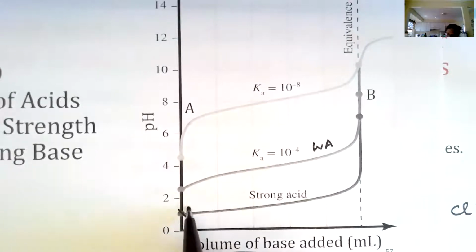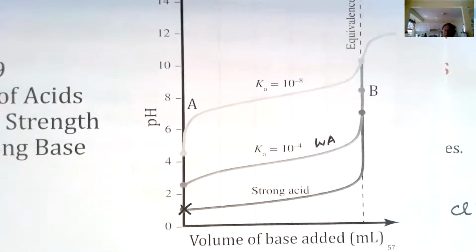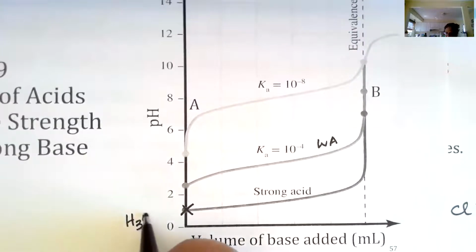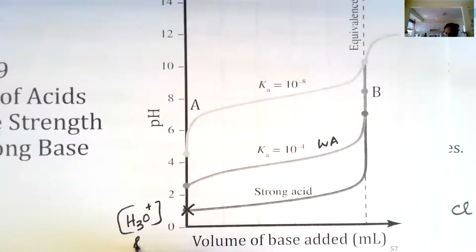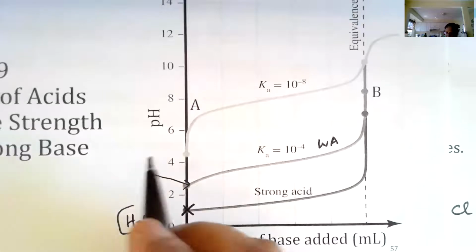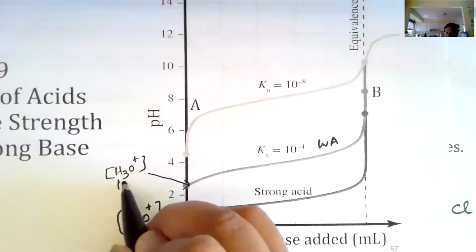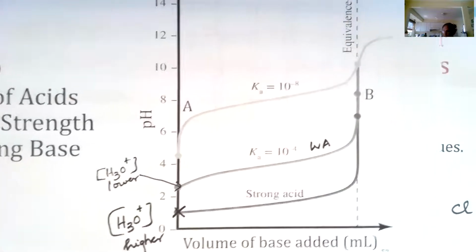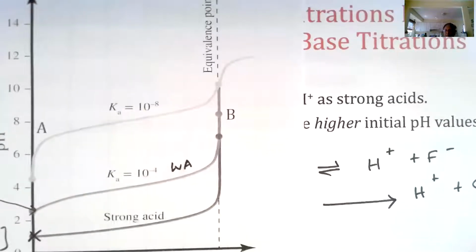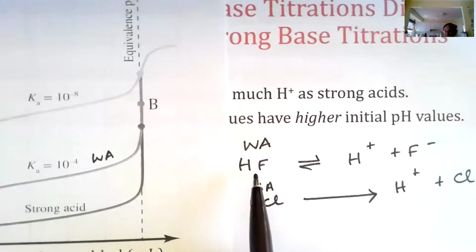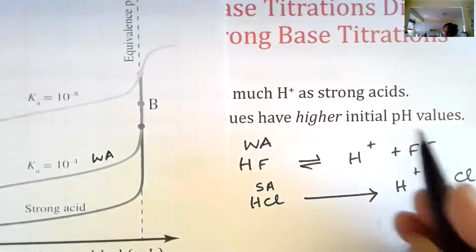We are looking at initial differences. A strong acid gives off all its H plus ions. So the H3O plus concentration is higher for the strong acid than for the weak acid. Right? The weak acid, look at this equation. It holds some of the H's and gives only a few.